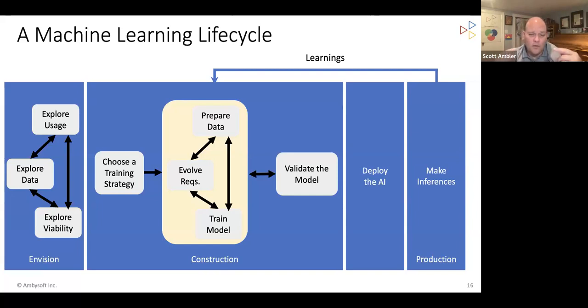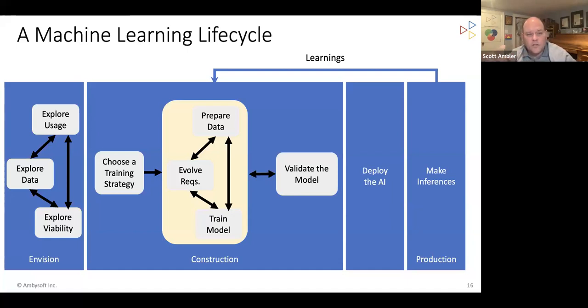What you're trying to achieve should drive what type of data you need. So you're going to be exploring the usage and the data in parallel, and you need to do a little of this up front because you've got to do a reality check. Can you actually build this thing? Does it make business sense? Is it technically possible is another valid question you should be asking.